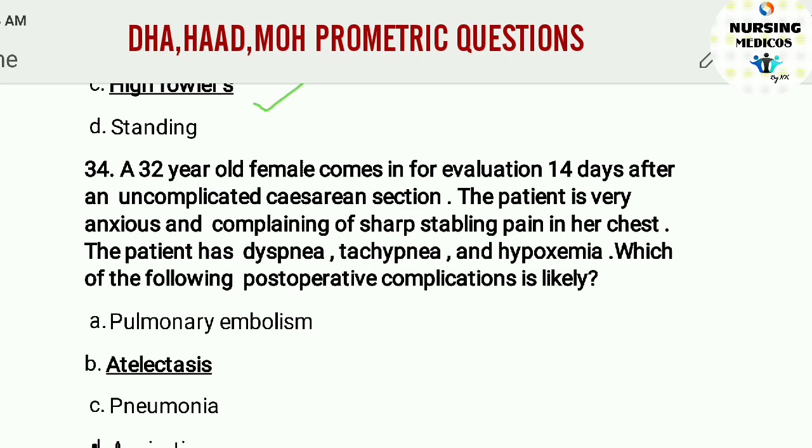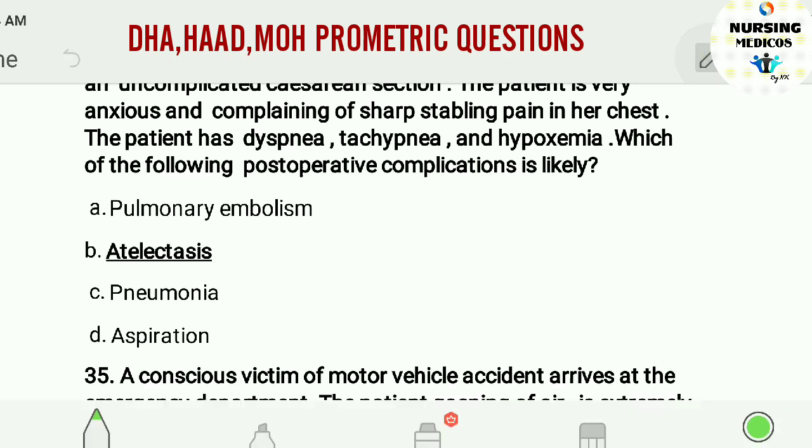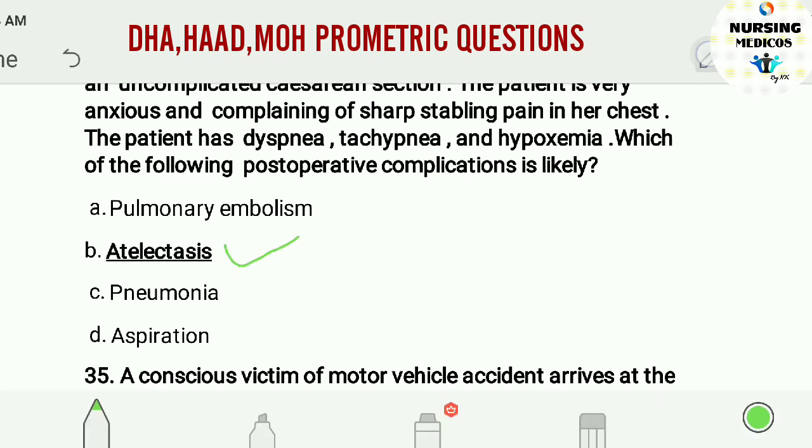The patient has dyspnea, tachycardia, and hypoxemia. Which of the following postoperative complications is likely? Our option is A. Pulmonary embolism, B. Atelectasis, C. Pneumonia, and D is aspiration. So option is B, right.